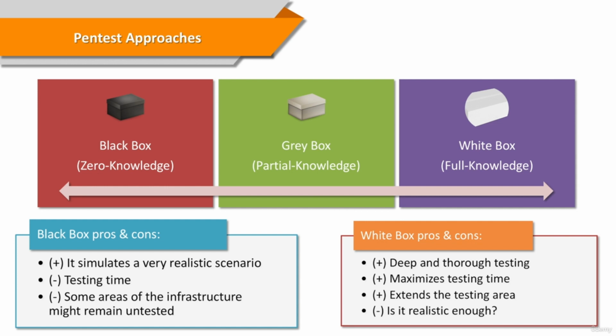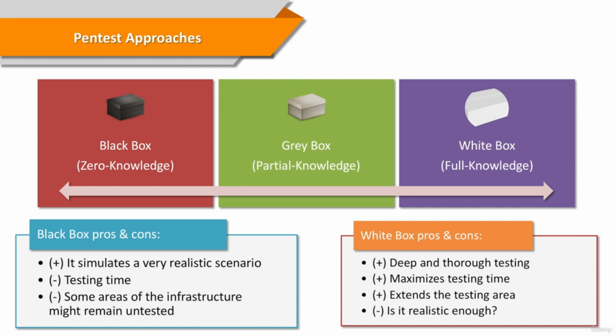Of course, each approach has some advantages as well as some disadvantages, so let's have a look at that now. The advantage of a black box pen test is that it simulates a very realistic scenario. And these are the disadvantages of the black box pen test. Testing time cannot be maximized in certain scenarios. Some areas of the infrastructure might remain untested.